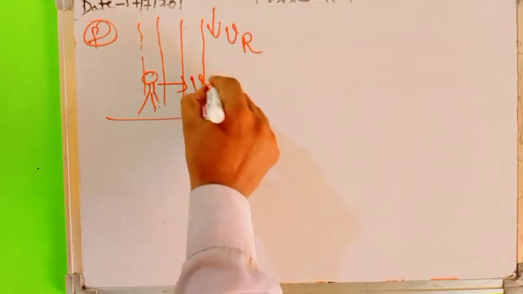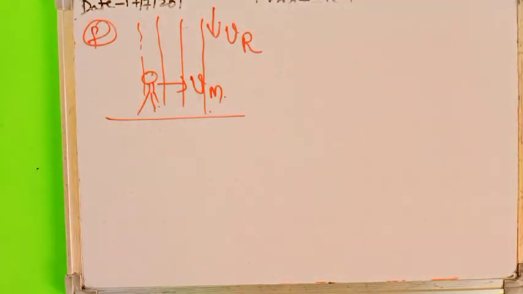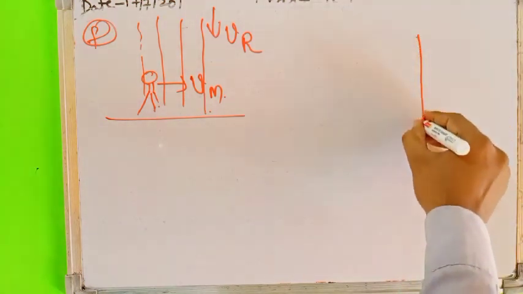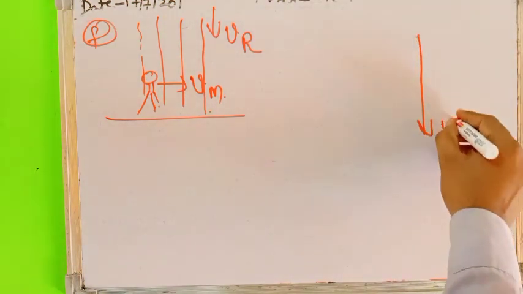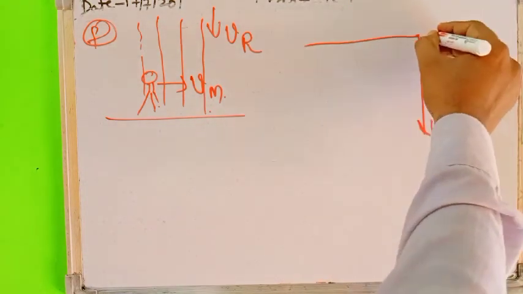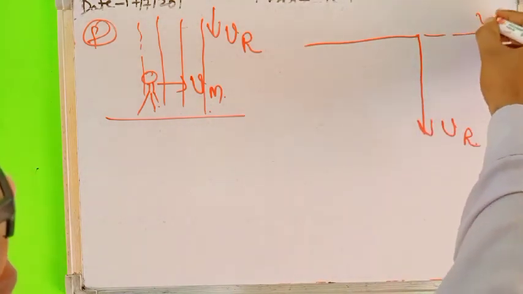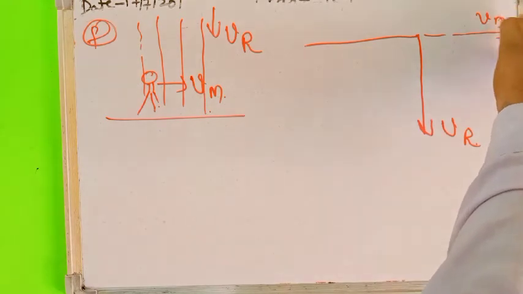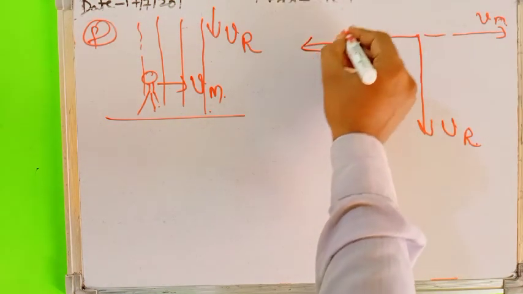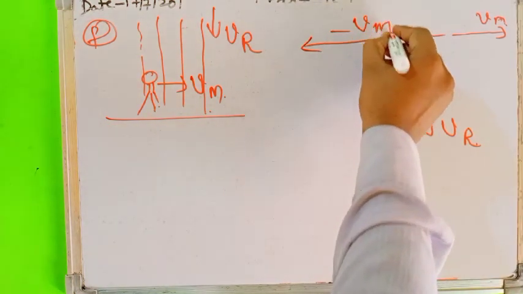This is the velocity of man. Velocity of man with respect to ground is in this direction. So negative of this is minus of Vm.